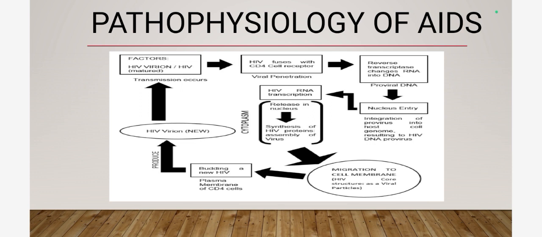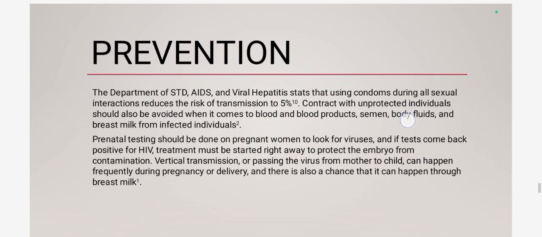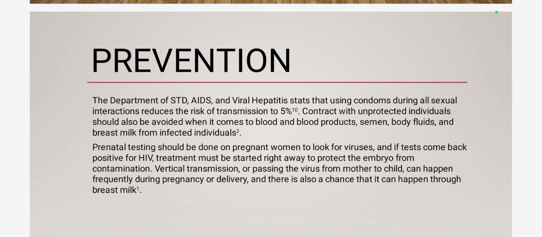Then HIV RNA transcription, which is the release in the nucleus or the synthesis of the HIV proteins and assembly of the virus. Then the migration to the cell membrane happens. Budding of a new HIV becomes the result, and then it produces a new HIV variant, and then transmission occurs. After that, we have the prevention for this HIV infection.